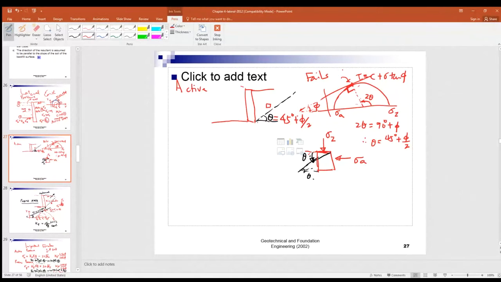If you draw, and again you got the complete Mohr circle, right? And here, right? You got here. Okay. So what about for this point? Now it gives you the other set.